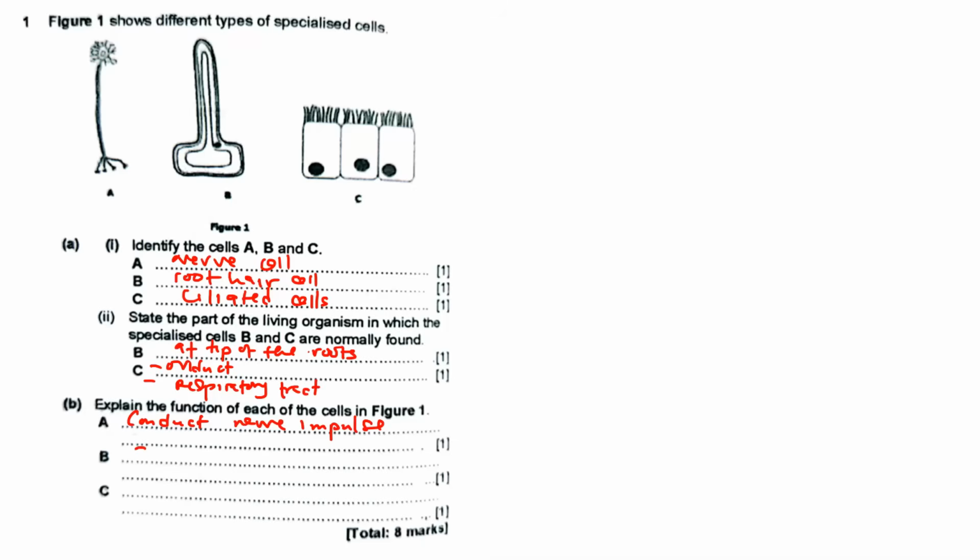So cell B is root hair cell, absorption of water and mineral salts. Then C, that is the ciliated cells. Now, depend with the parts. We said they are found in the oviduct as well as in the respiratory tract.